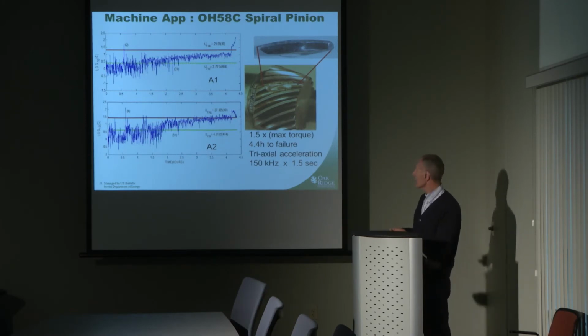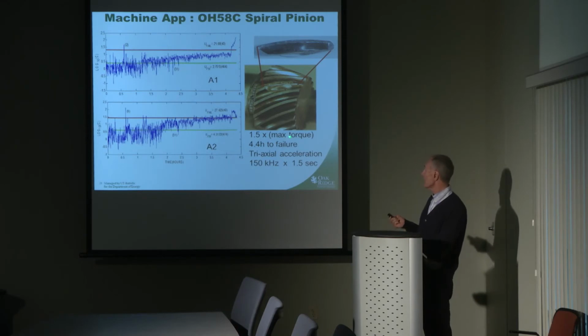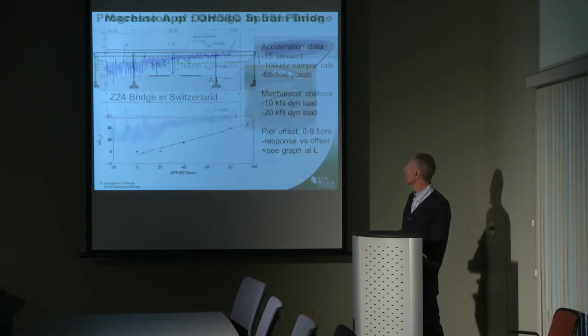And they were very pleased with that result. This was an example where the gear was over-torqued by 50%, and it took 4 hours to go from here to the failure. The data were sampled rather rapidly, in 1.5 second intervals.